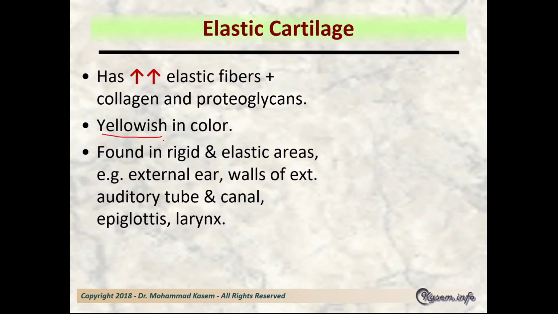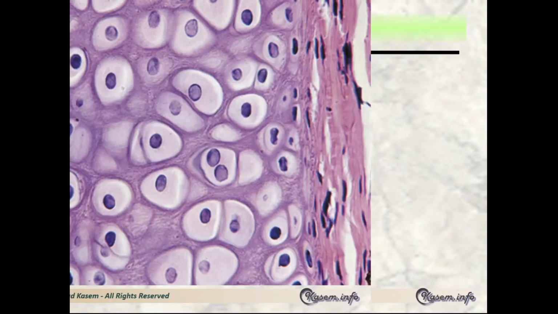Sometimes people call it yellow elastic cartilage, and it's found in the rigid elastic areas, which, as we say to our students, are structures that start with E, like elastic: external ear, Eustachian tube, epiglottis, and also in the larynx, the laryngeal cartilage.